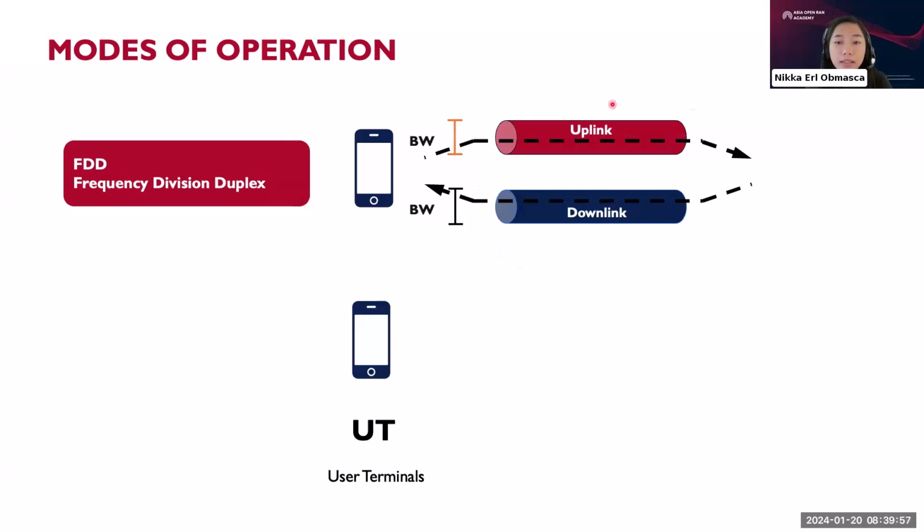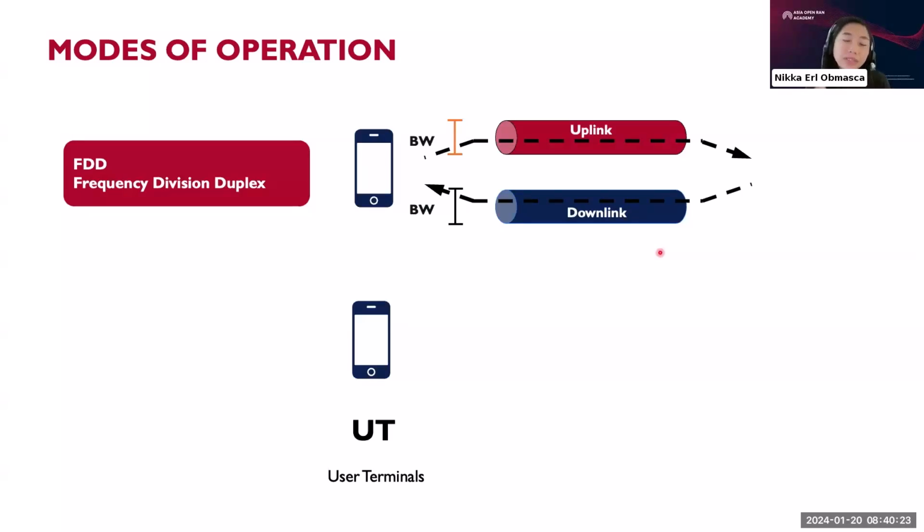While in the uplink, the user equipment is transmitting data back to the base station using a different frequency band, let's say 1800 megahertz. So your uplink and downlink are using two different frequencies. That's why it's called frequency division duplex. But how can it help our communication?